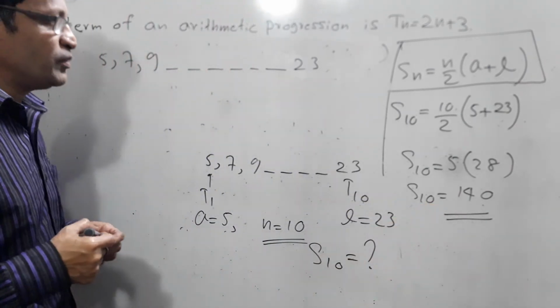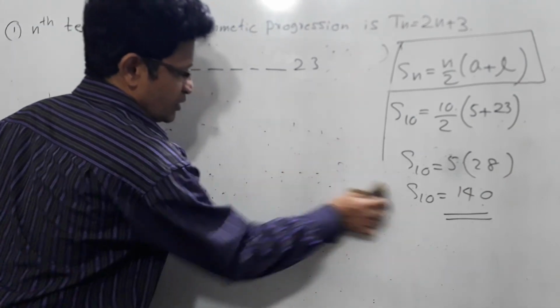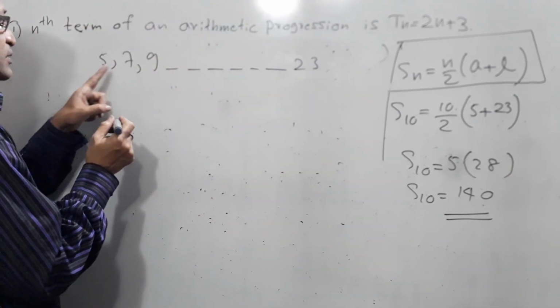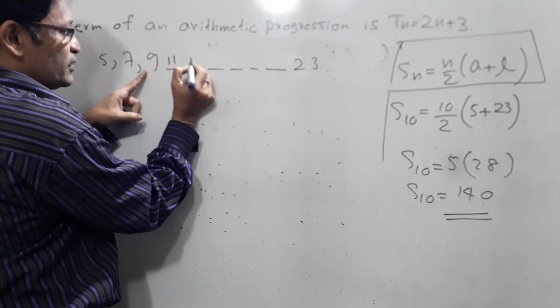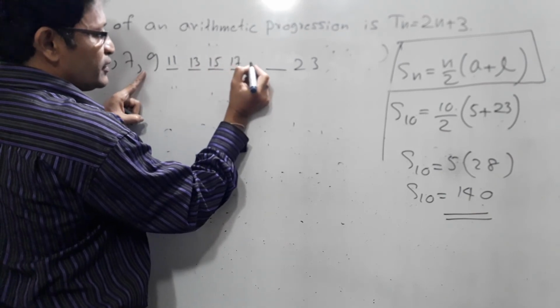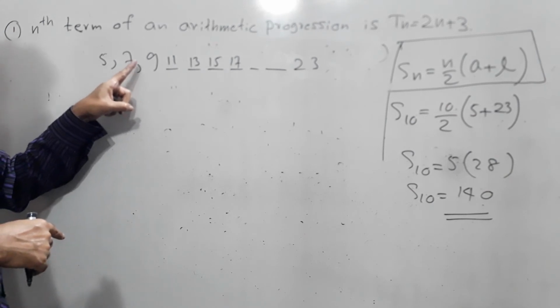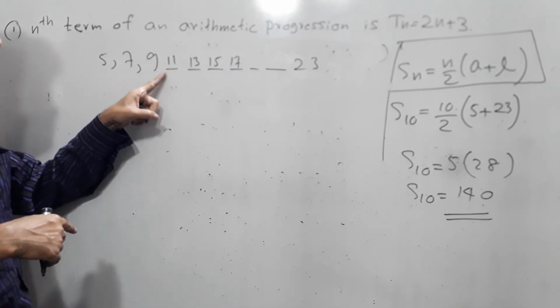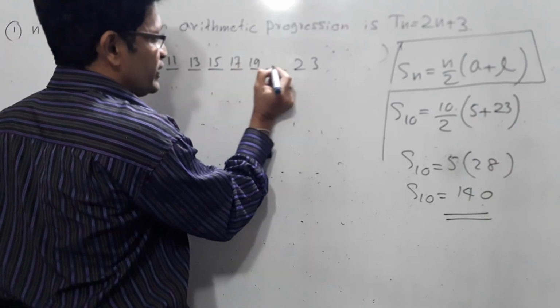It is 140. You can check it: the first term is 5, the second term 7, the third term 9, next 11, 13, then 15, 17, because you add the common difference. 5 plus 2 is 7, 7 plus 2 is 9, 9 plus 2 is 11, likewise 13, 15, 17, 19, 21.